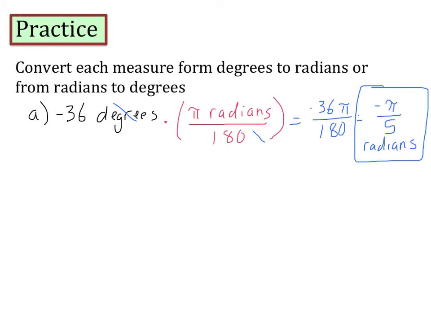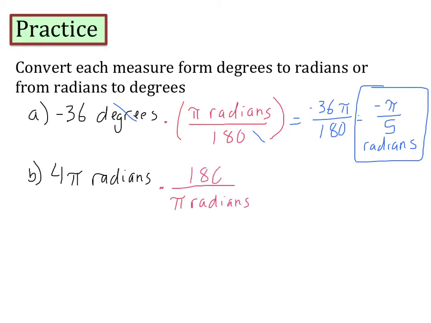Okay, let's try another one. So we're going to convert 4 pi radians to degrees. So since we want to get rid of the radians, we're going to put those at the bottom, and multiply by 180 over pi radians.